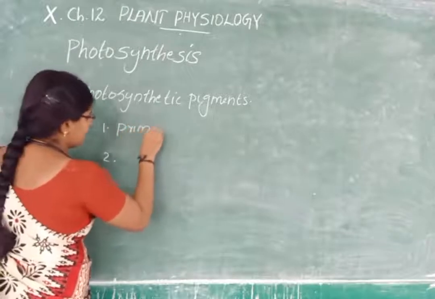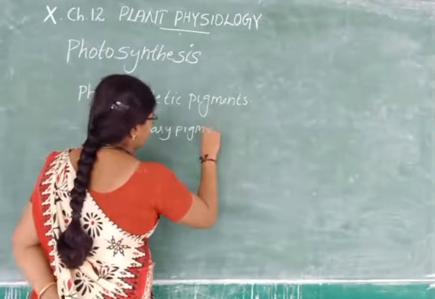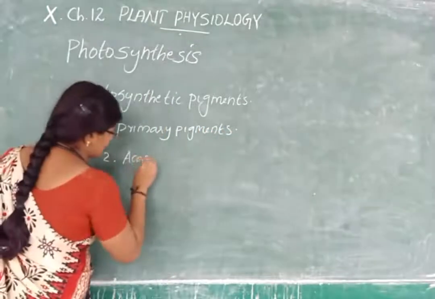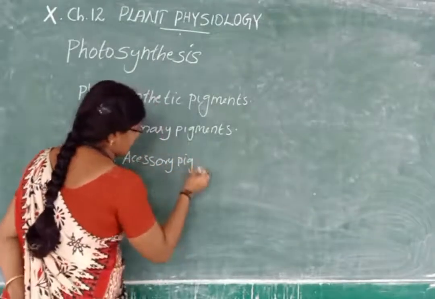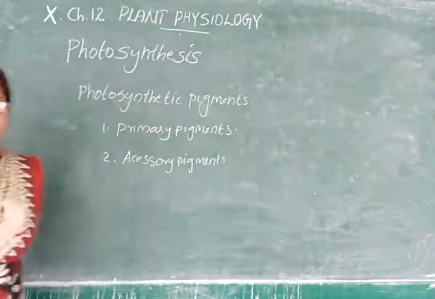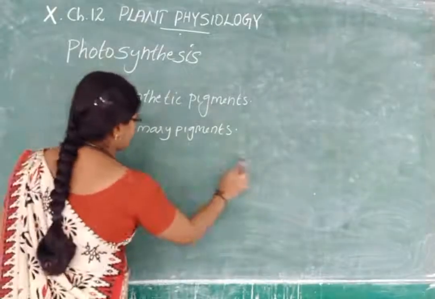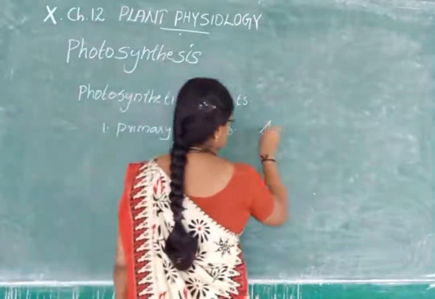Photosynthetic pigments are of two types: primary pigments and accessory pigments. Now we can differentiate between primary pigments and accessory pigments.